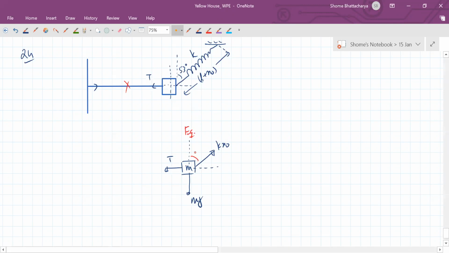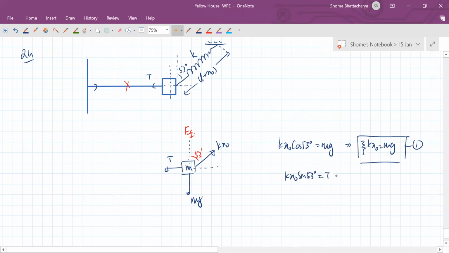So this angle being 53 degrees, you can see that kx naught cos 53 degrees balances mg. So 3 by 5 kx naught is equal to mg. The first equation. And kx naught sine 53 degrees balances the tension.